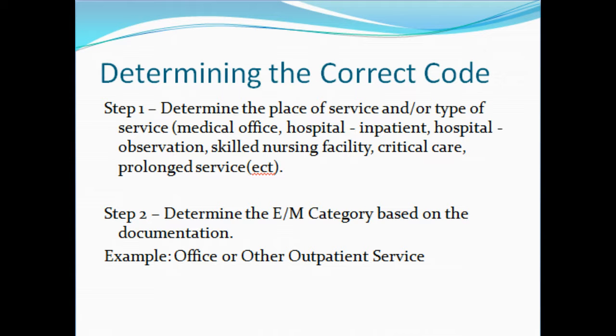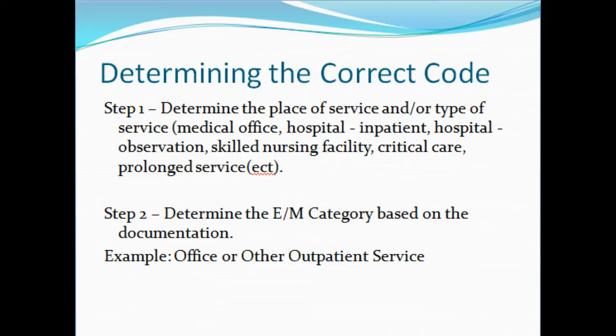So, what I've done was I've gathered a couple of steps that I want you to follow when you have questions, assignment questions, or test questions about determining a level of service as it pertains to E&M codes. So step one, you want to always determine your place of service. When you read your note, your test question, your assignment question, or your homework, and there's a level of service rendered, you need to figure out the place of service before you do anything else.